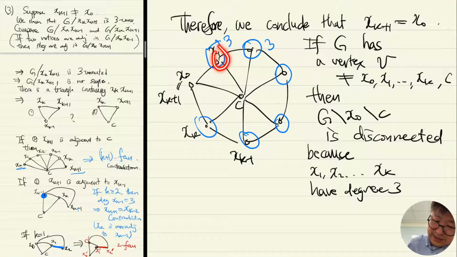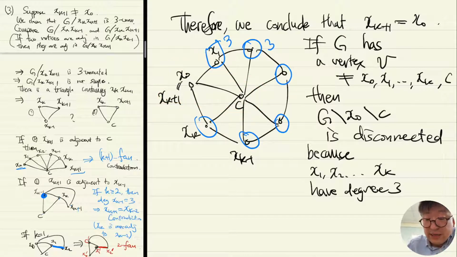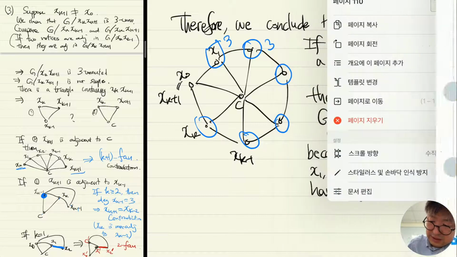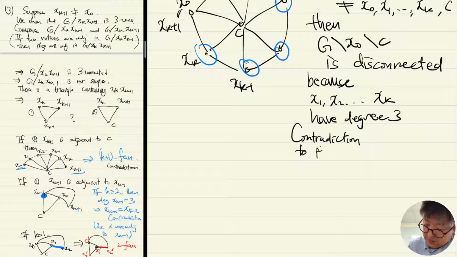So these vertices have no other neighbors except these people. Like this vertex has neighbor only these 3. So when you delete these 2 vertices, graph could be disconnected if I have a vertex outside. So that's a contradiction to the assumption that graph is 3-connected.